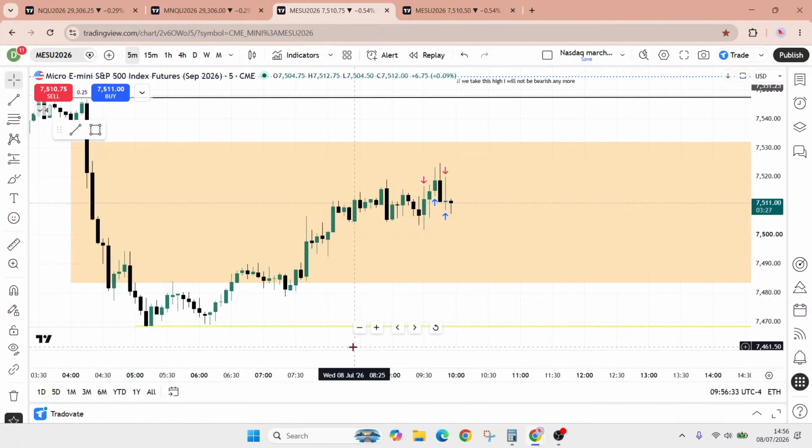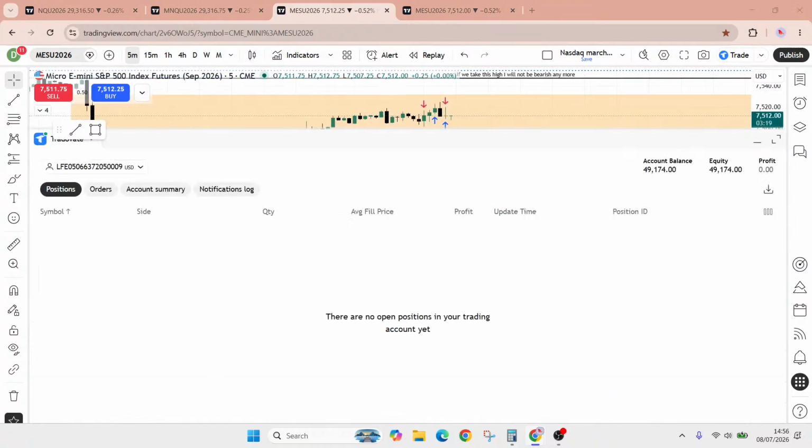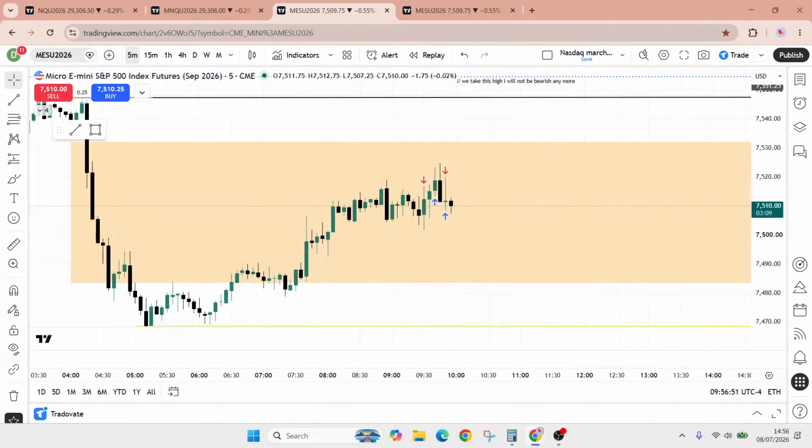What is this? I can't even trade on my prop. I don't understand. I'm having problems with Lucid Trading now.